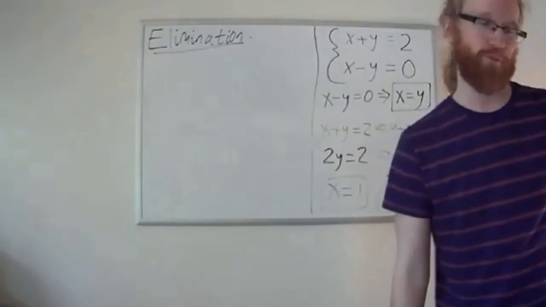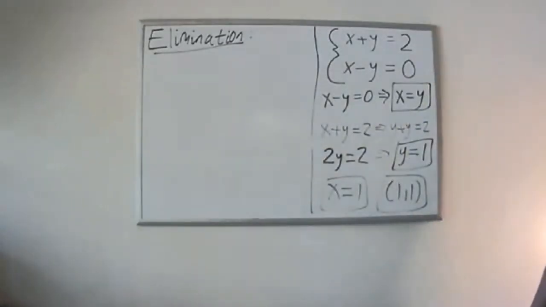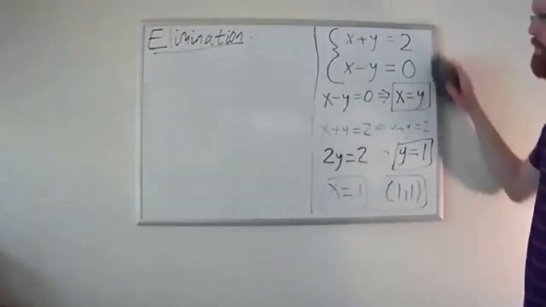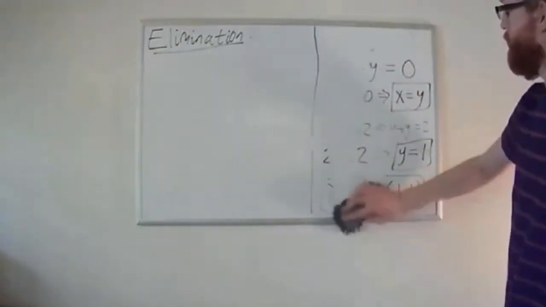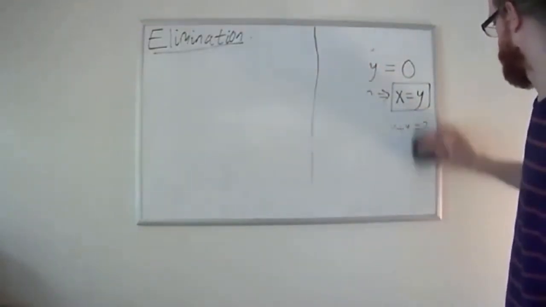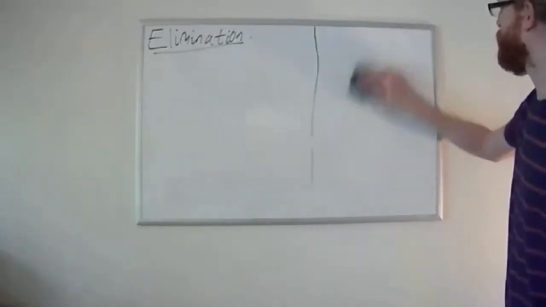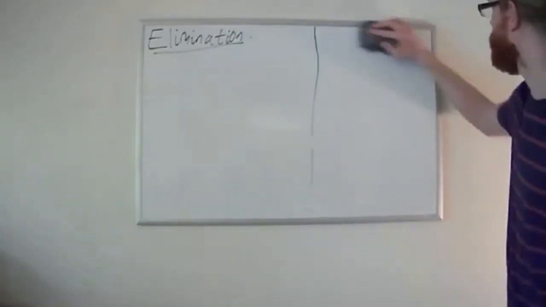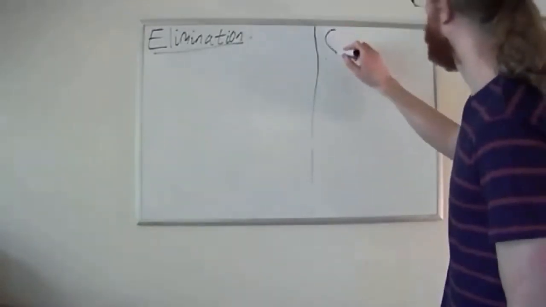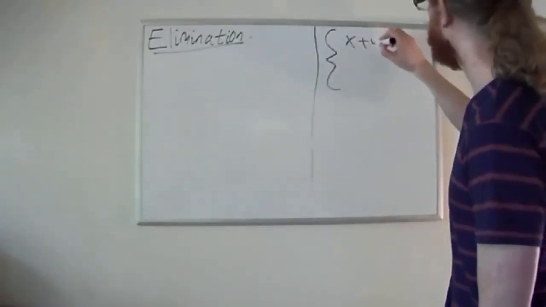This might be a more common term, so we'll call it elimination, this next method. And I'm going to show sort of a different example alongside this one. Although I suppose I could do that example again, just to make it clear. x plus y equals 2.